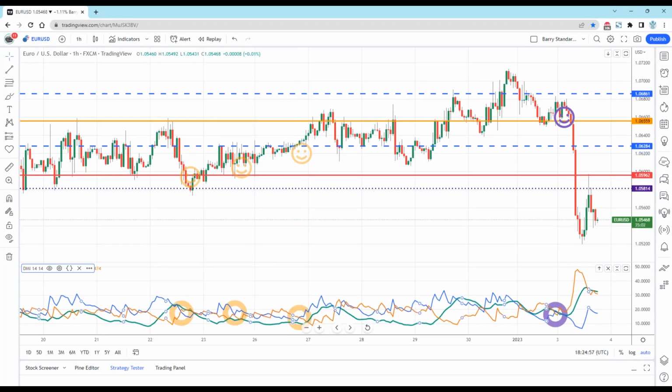We have lots of crossovers that really tell us nothing. But if we take these crossovers, we could see that they actually gave us fairly good market signals, but lots of them gave us completely false signals, especially when we're in ranging markets.